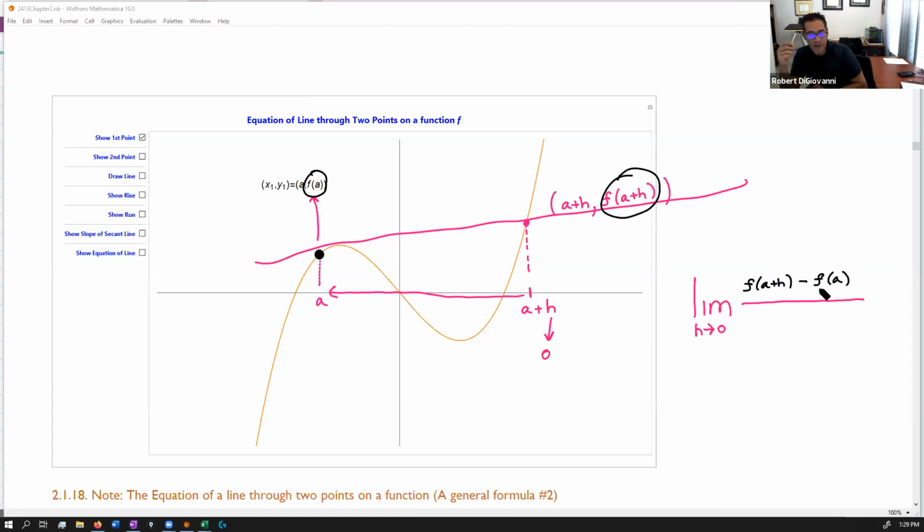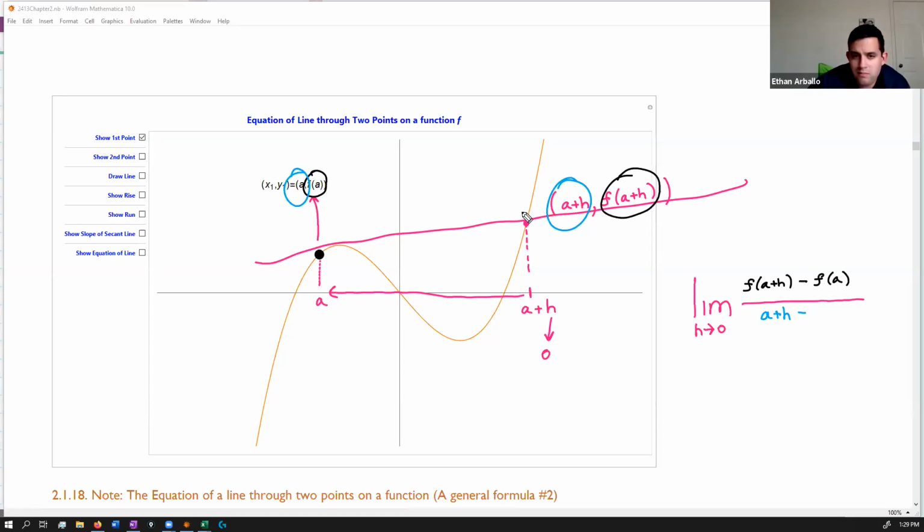And then you divide that by the change in x. The change in x should be the difference of these two values, which should be a plus h, take away what? a. Right? Now on the bottom, the a's go away, don't they?